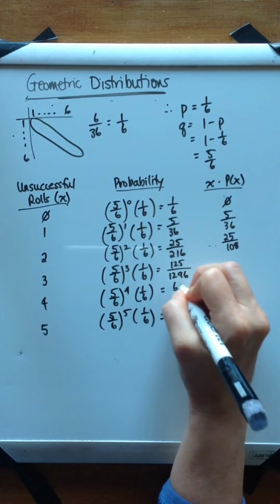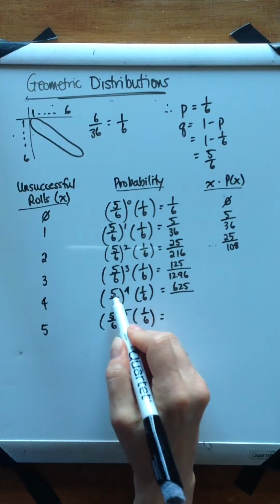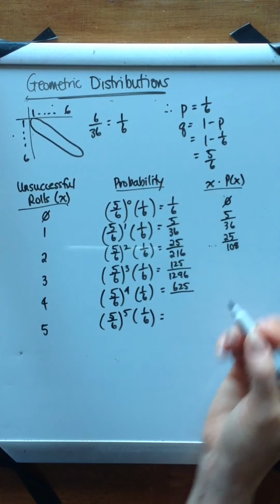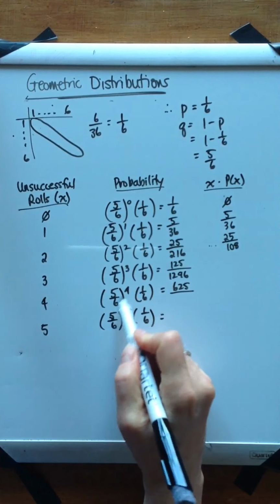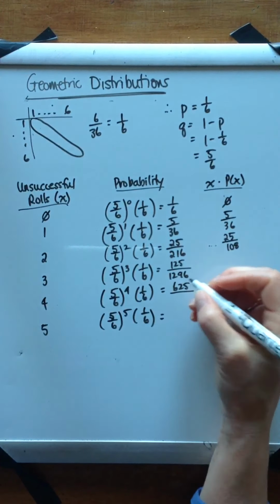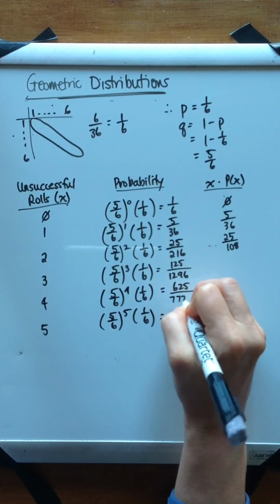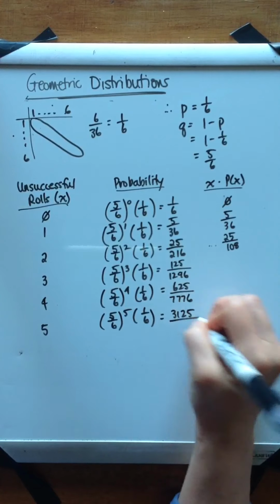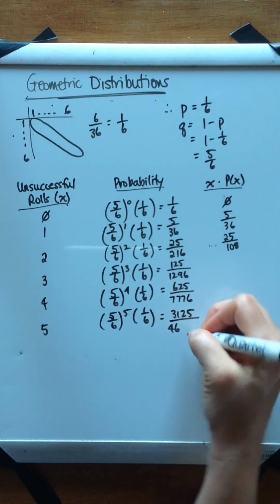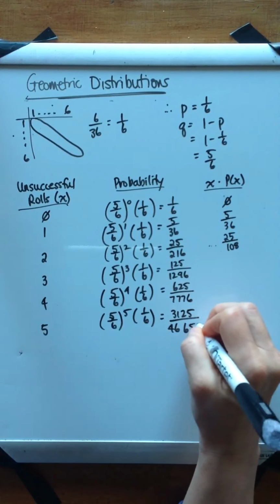And I'll just show you what those start to look like. So 5 to the power of 4 is 25 times 25, which is 625, and 6 to the 4th, and another power of 6 becomes 7776. And again, this one starts to get pretty fun as well. So you can see that they jump pretty quickly.